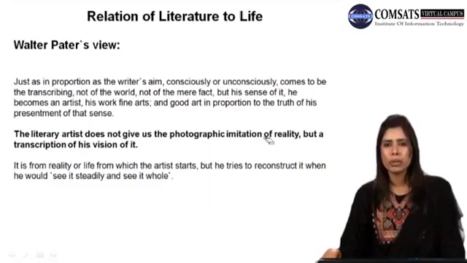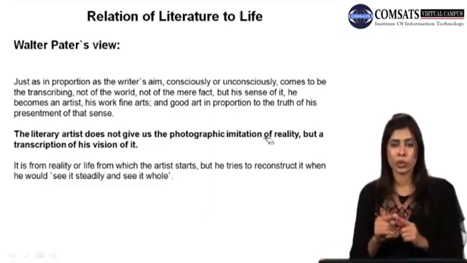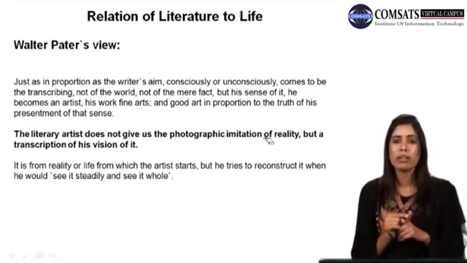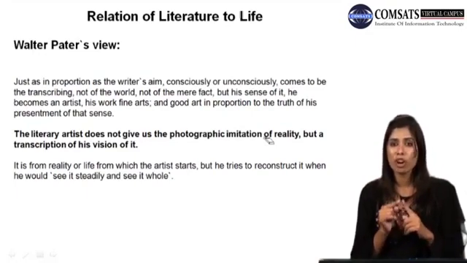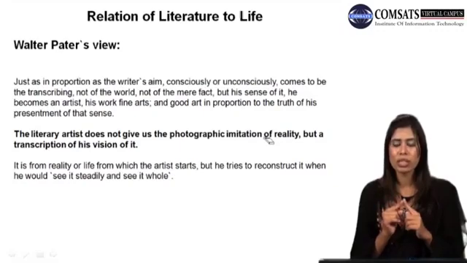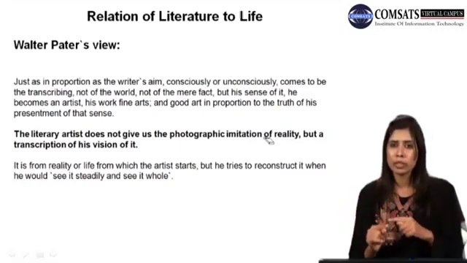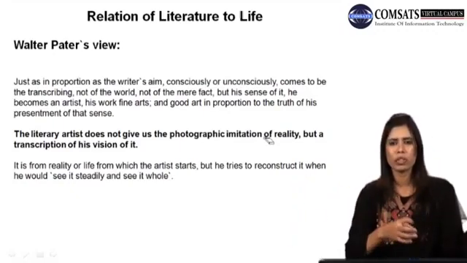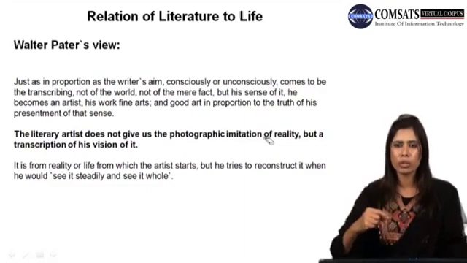So in order to be a good writer, there must be an element of universality, as we have discussed before, and then the transcription of reality. So this is not something else. This is the transcription. Whatever you see, whatever you feel while living in the society, you write down the things about that.